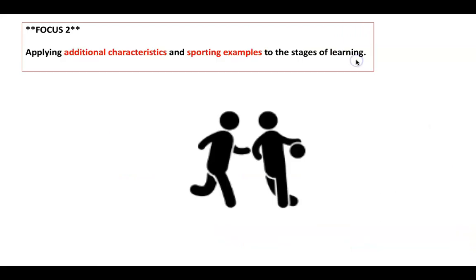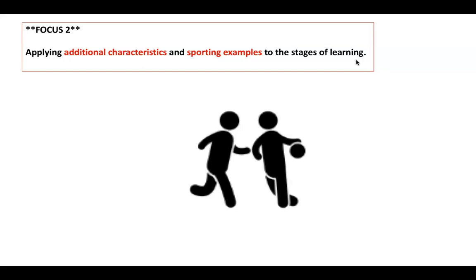We're going to have to add more now. So this second focus that we're looking at is applying additional characteristics. So far we've got fluency and feedback, which work in all 3 stages of learning. However, we do need additional characteristics that are different for each stage. And also, we need to provide sporting examples for the stages of learning. Sporting examples for every characteristic. Not a sporting example just for the cognitive stage and a sporting example just for the associative stage.